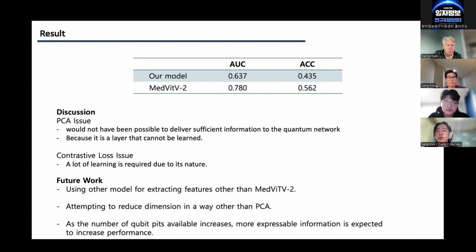As for future work, we plan to explore alternative backbone models for feature extraction instead of relying solely on individual transformation version 2. We also aim to experiment with different dimensionality reduction methods other than PCA, ideally ones that are learnable and adaptable.